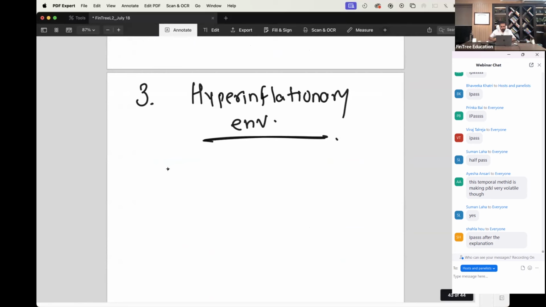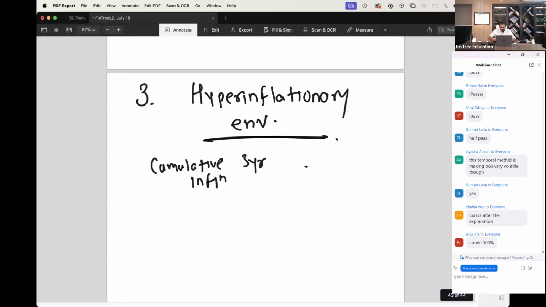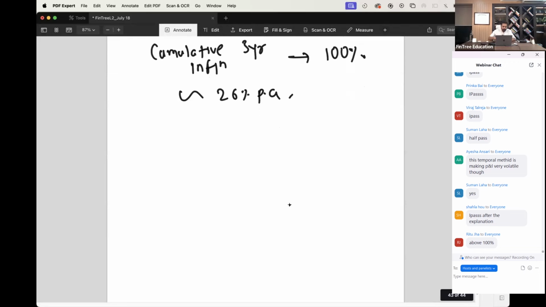So first, what is hyperinflation? If cumulative 3 years of inflation is 100% or more, then it's hyperinflation. That roughly turns out to 26% per annum type of number. If you're in a hyperinflation, then US GAAP and IFRS use 2 separate paths.